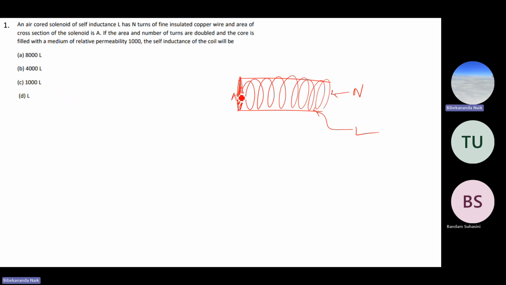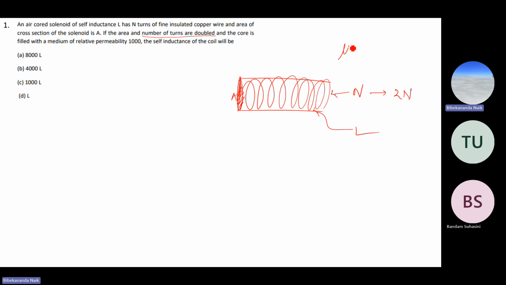Now, the question says the number of turns are doubled. Now this n changes to 2n, and the core is filled with a medium of relative permeability 1000. Now there is an air core, for which the relative permeability is 1, but for the core which was filled, the relative permeability is 1000.